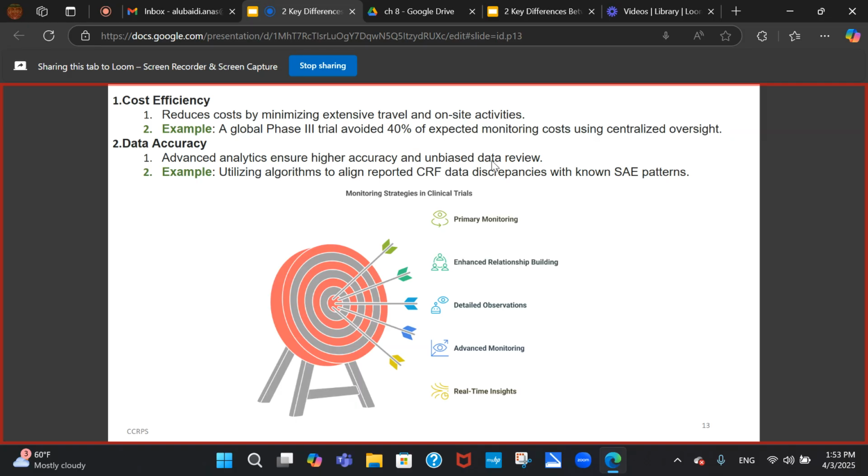Example, utilizing algorithms to align reported CRF data discrepancies with known SAE or serious adverse event patterns. So here, this is a small diagram, monitoring strategies in clinical trials. We have the primary monitoring, the enhanced relationship building, detailed observations, advanced monitoring, real-time insights.